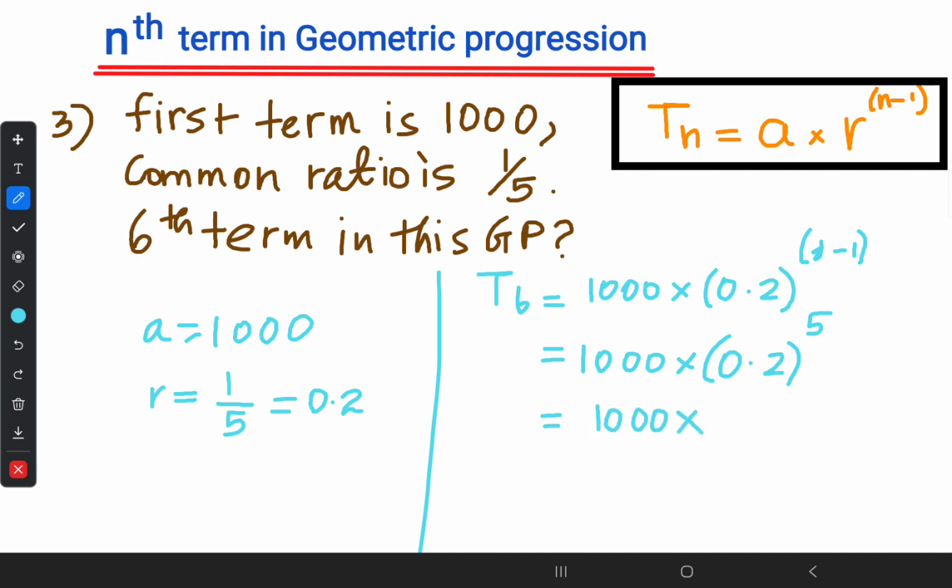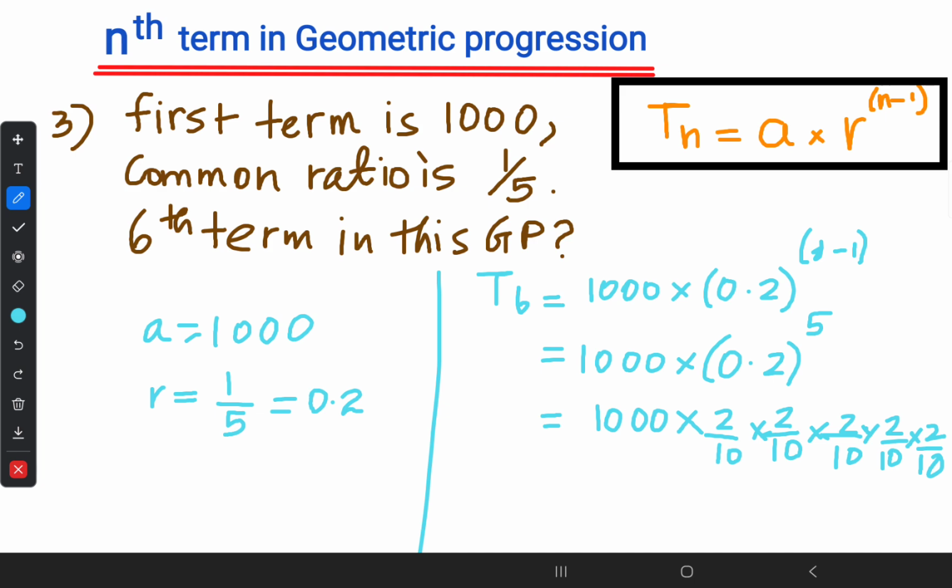So instead of dealing with this decimal, most comfortable method is to handle with the fractions. So I will make the decimal as a fraction. 2 upon 10 into 2 upon 10, another 2 upon 10, 5 times. 0.2 as a fraction.